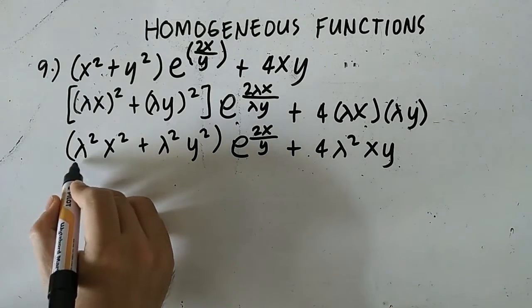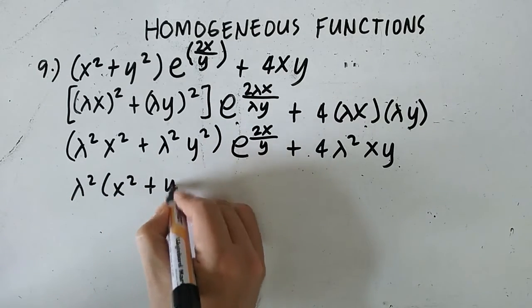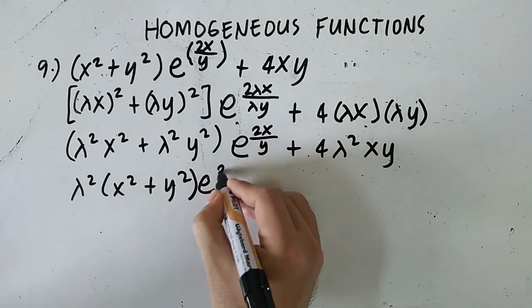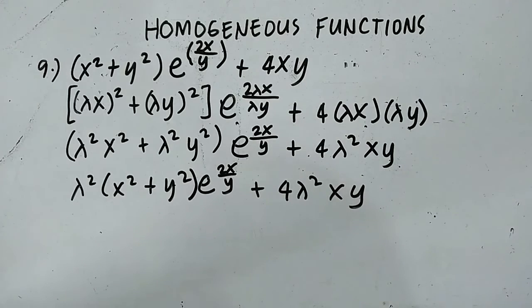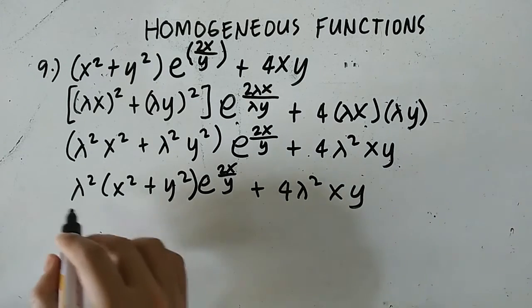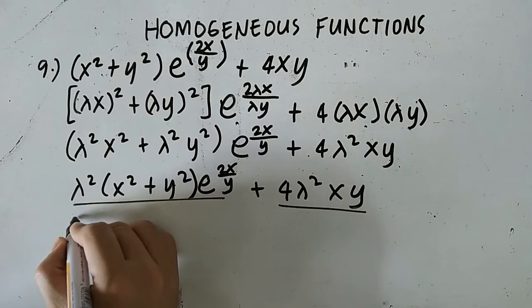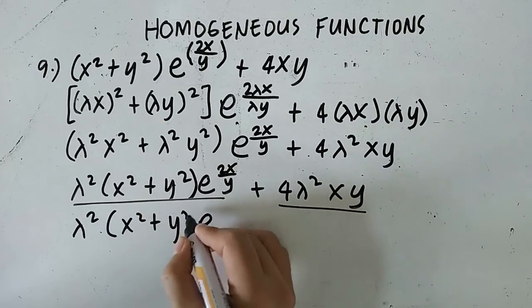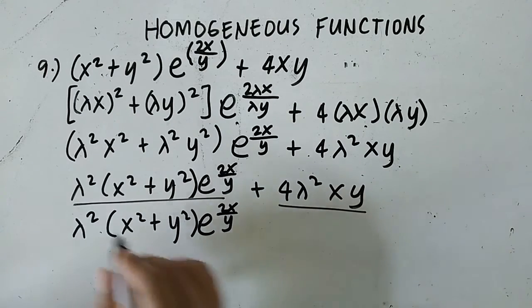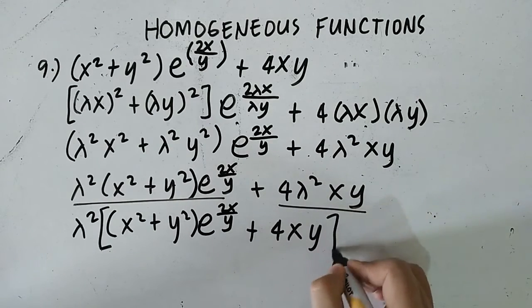And we can factor out lambda from here. We have lambda squared times x squared plus y squared, times e to the power of 2x over y, plus 4 lambda squared xy. Here we have two general terms, and they both contain lambda squared. So we can factor out lambda squared, and we are left with x squared plus y squared times e to the power of 2x over y, I'll place a square bracket here, plus 4xy.